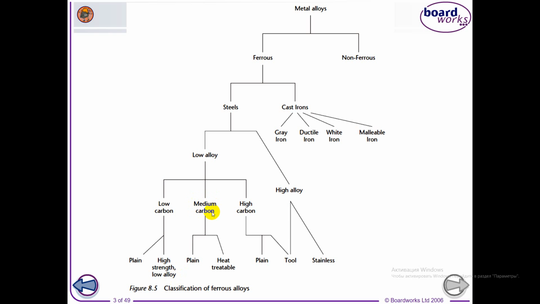Medium carbon includes plain and heat treatable, and high carbon includes plain and tool. Steel with high alloy includes tool and stainless. And about cast iron, there are gray iron, ductile iron, white iron, and malleable iron.